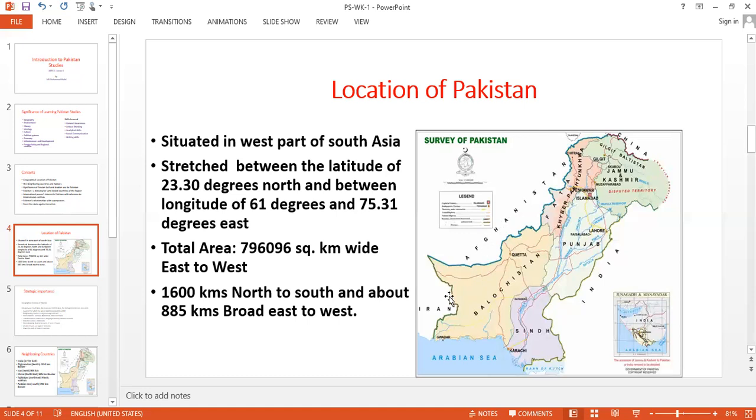Secondly, Pakistan is the neighboring country of Iran, which is one of the very key oil producing countries.